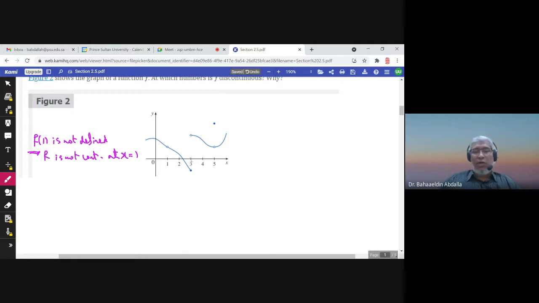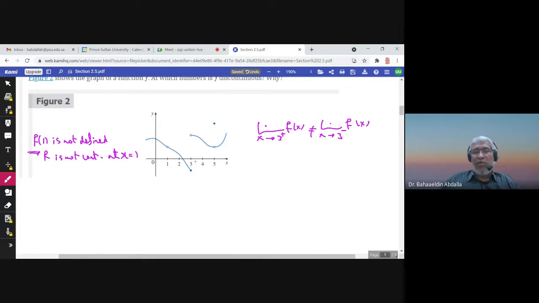Look at 3, okay? f of 3 is defined. It's somehow here, -1. f of 3 is defined, but the limit of f of x when x approaches 3 from the right is not equal to the limit of the function when x approaches 3 from the left.